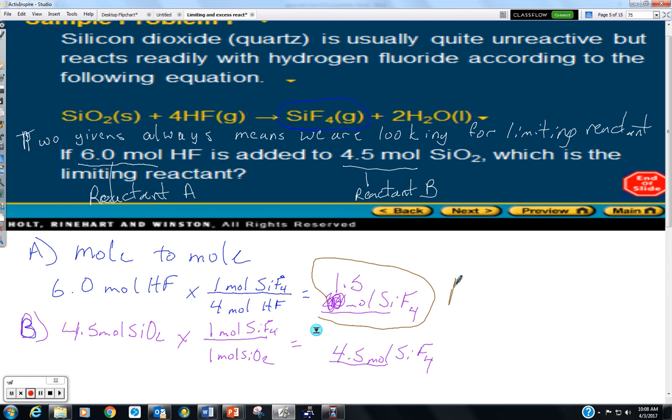A. This is our limiting reactant. All right. And this is our excess. So this is our limiting, this is our excess.